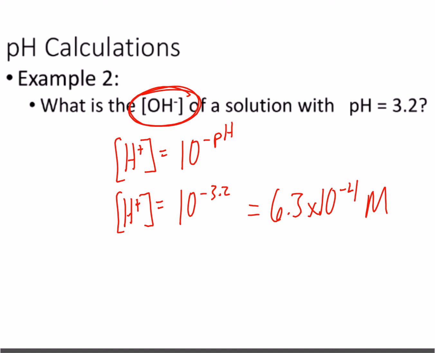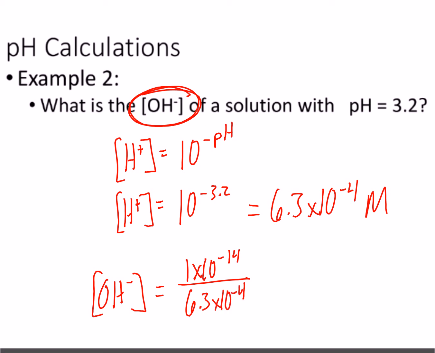So, does this answer the question? No, because what ion do we have here? What concentration do we have? H plus. We're trying to get to OH minus, guys. So we're going to have to go back and use KW. So we're going to say OH concentration equals what over what? KW, the ionization constant of water, 1 times 10 to the minus 14, all over our hydrogen ion concentration of 6.3 times 10 to the minus 4.